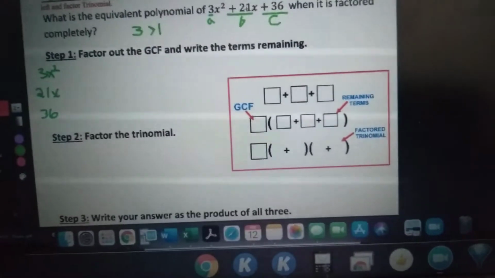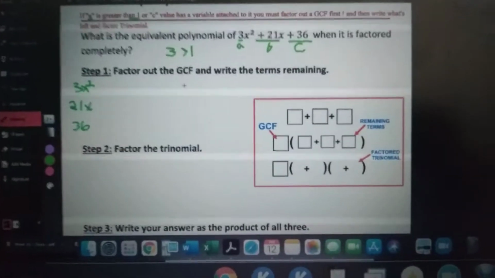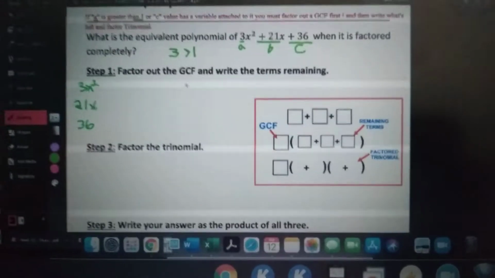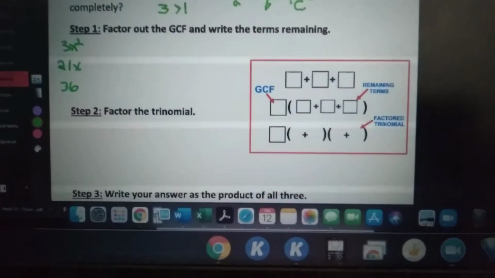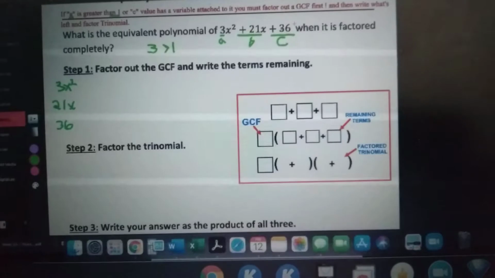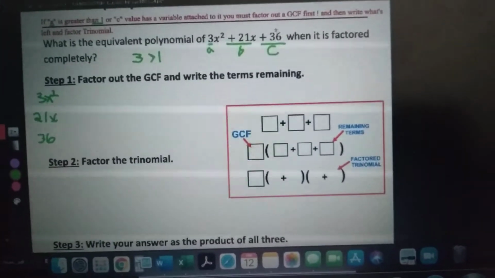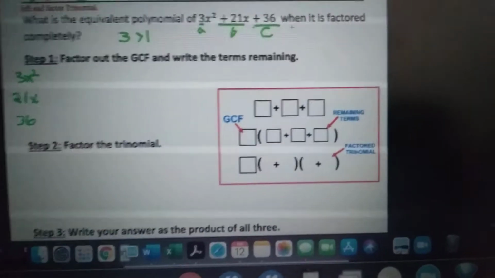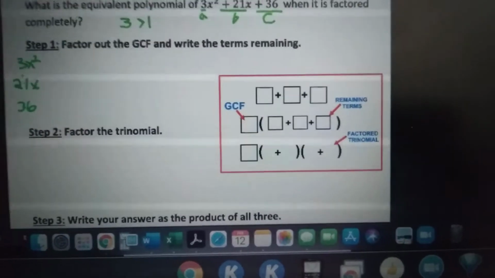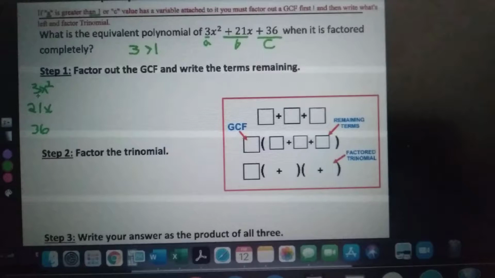So try again. Good job, Mohammed. Anybody else? Javen, careful. That answer only happens when your C has a letter attached to it. If you're having a hard time figuring out what the GCF is, list the factors sideways or vertically.